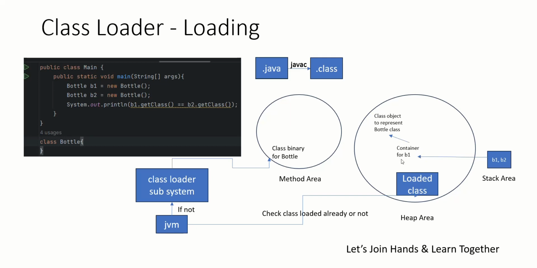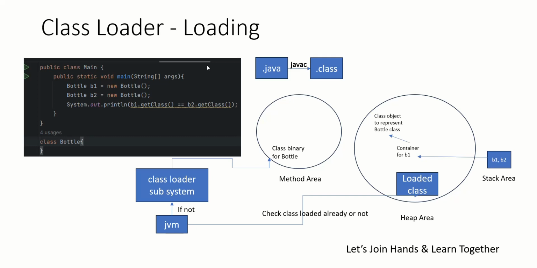This container b1 holds object-level information. Consider the student class: student name, age and section. That information will be present in the container, and the b1 object reference or address is present only in the local variable array of the stack frame.